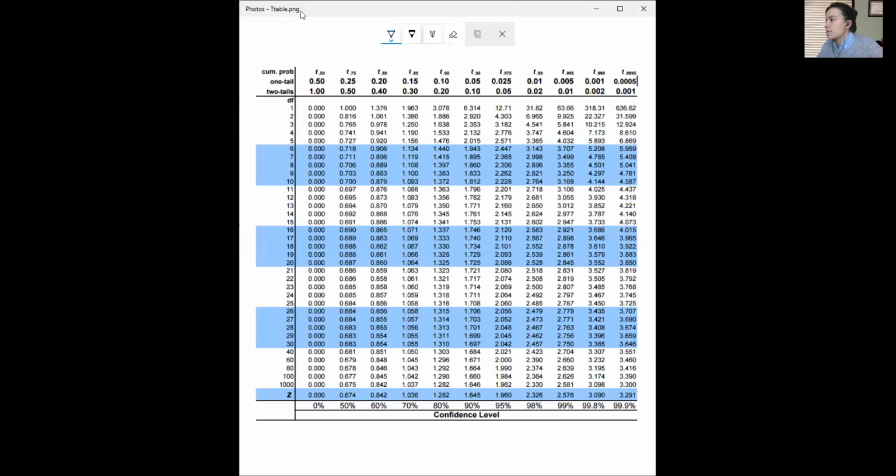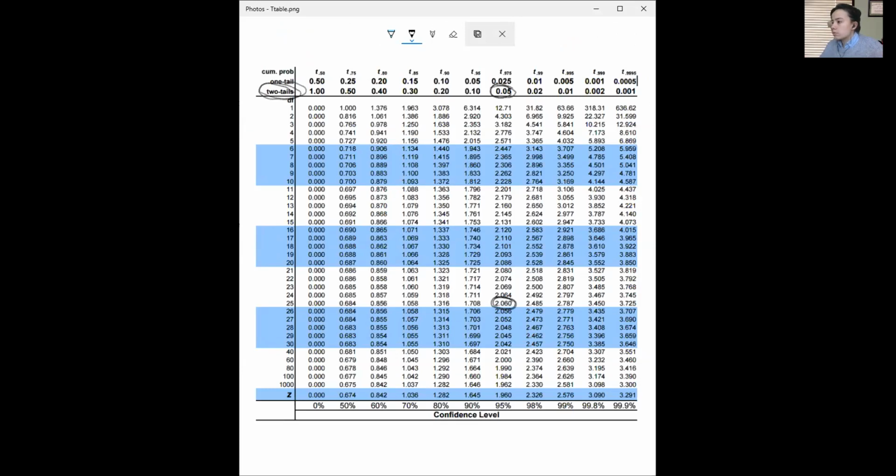So two tails means I'm going to be looking at this over here. And I know that it's 5%. So I look for 5% in the two-tailed part of the table. And then I found that the degrees of freedom were 25. And so I'm going to get 2.060, right? And so this is going to be my critical value.